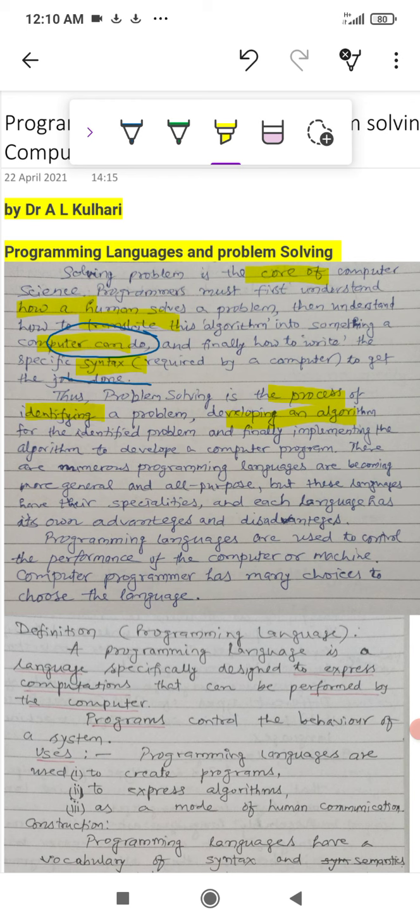So there are numerous programming languages becoming more general and all purpose, but these languages have their specialties and each language has its own advantage and disadvantage.